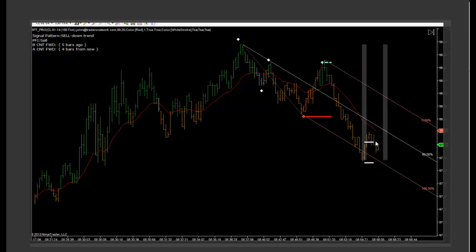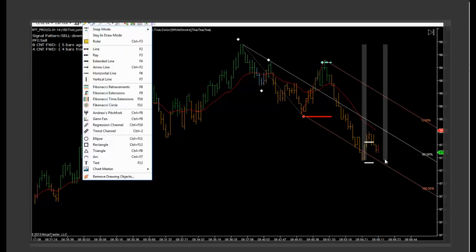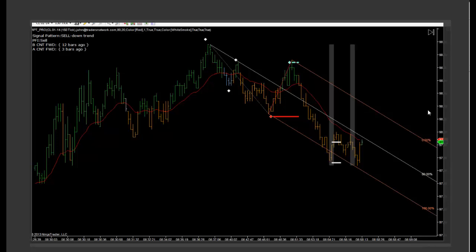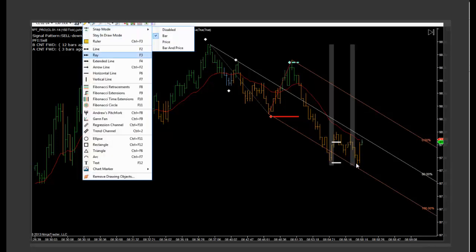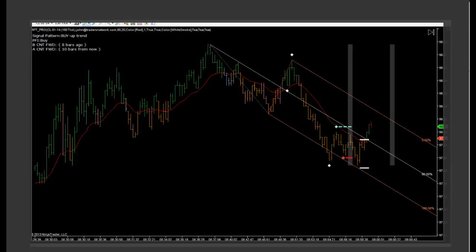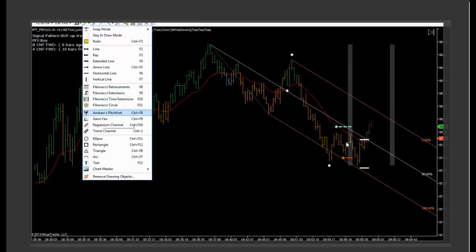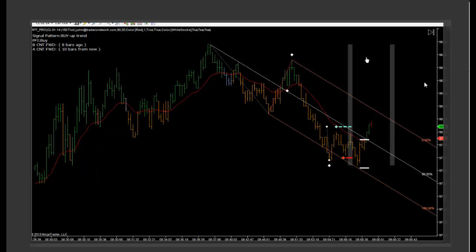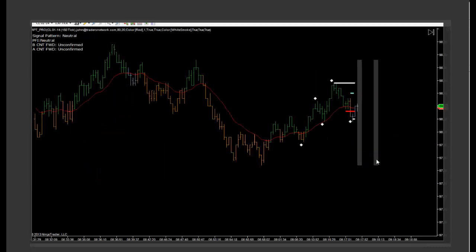Looking for it to come down and maybe make a new low into here, and that would end that cycle. And you can see that's what it did. It actually made the low right outside the reaction, made a high in and down here. And so there was your target objective. So we had the action part, reaction point, and it just confirmed a new pattern. That's why it jumped out here. It confirmed a brand new pattern.